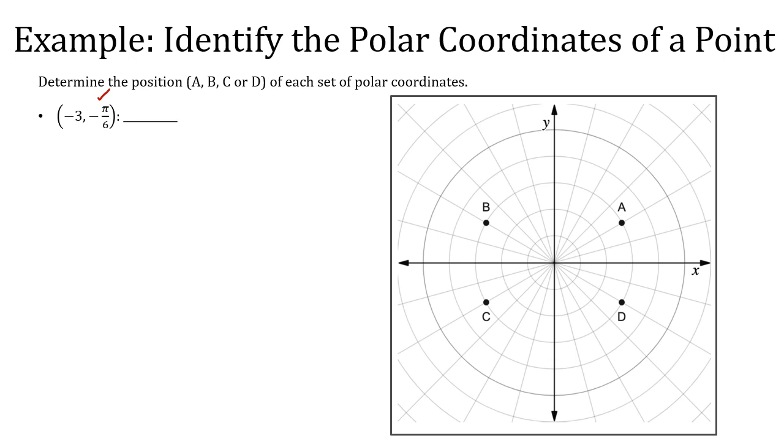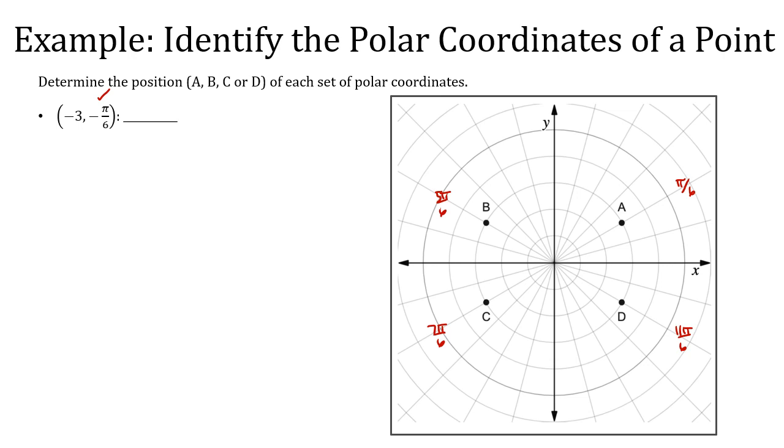It looks like A is sitting at 1 pi over 6. It looks like B is probably sitting at 5 pi over 6. C is at 7 pi over 6. And D is at 11 pi over 6. Those are the positive angle measures.